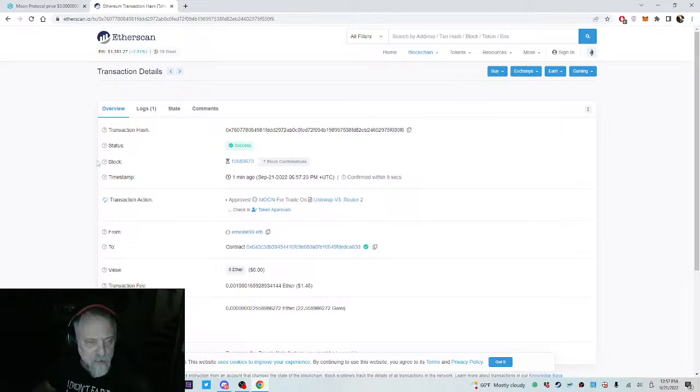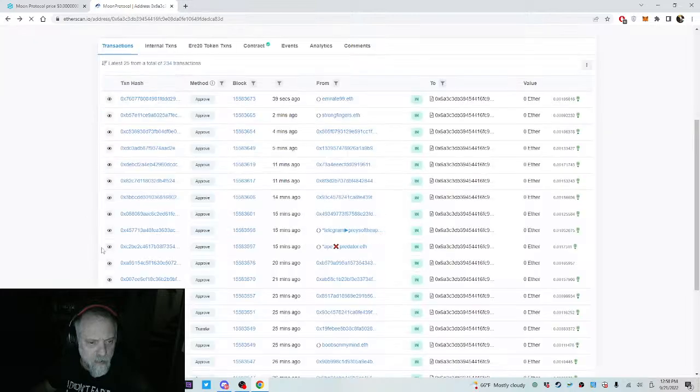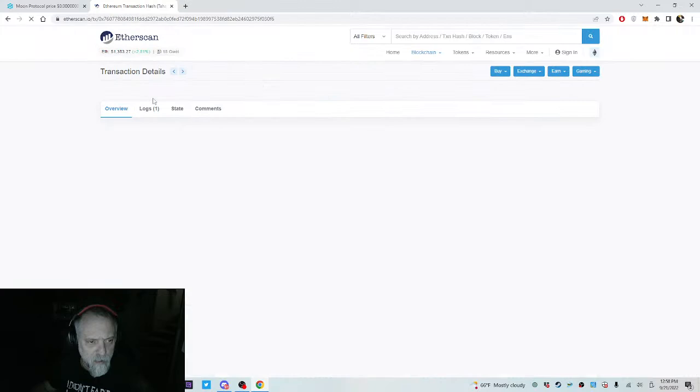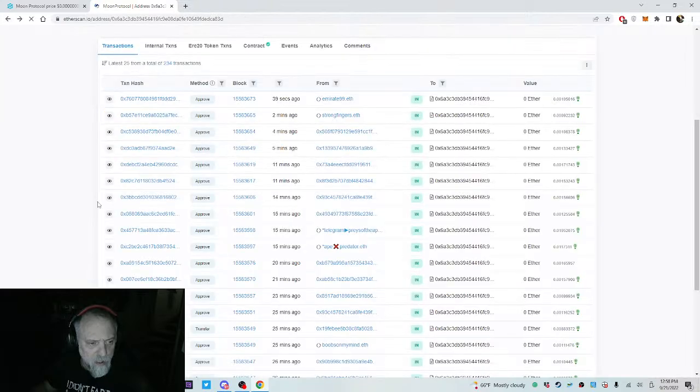Because once you buy tokens on Uniswap, then you have to get the approval just to sell them. So he's looking for the approval to simply trade those tokens. And it's right here. It says with the transaction, approved Moon for trade. So he's looking to sell those Moon tokens and get whatever he can back out of them. Let's go to 11 minutes ago and see what that transaction was for.